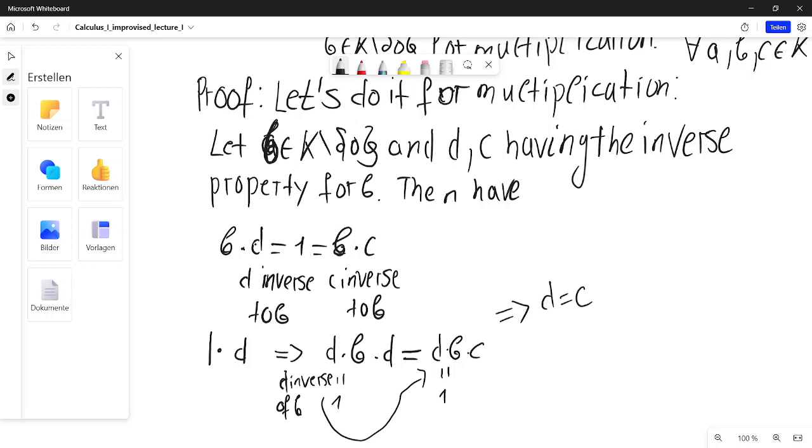G is equal to C by neutrality of 1, because we are multiplying by 1 here, obtaining C. Here we are multiplying by 1, B, and so obtaining D. Neutrality of 1 with respect to BC. Right. And that was it. Okay.